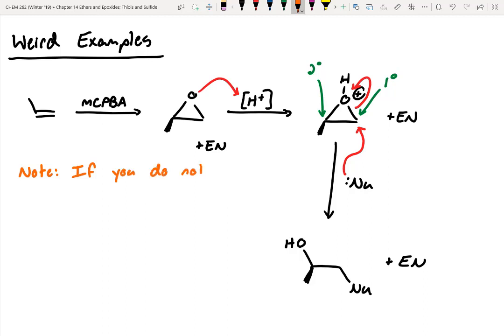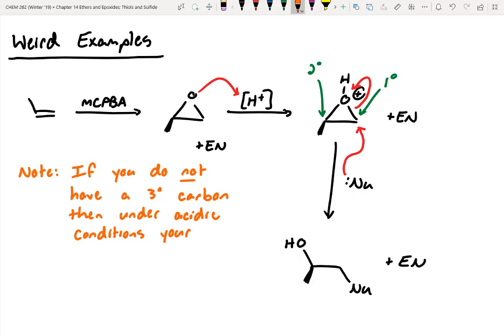Note, if you do not have a tertiary carbon, then under acidic conditions, your nucleophile will attack the less substituted carbon.